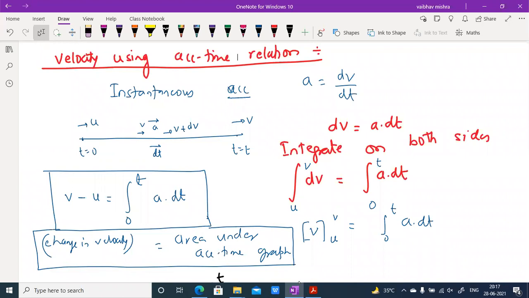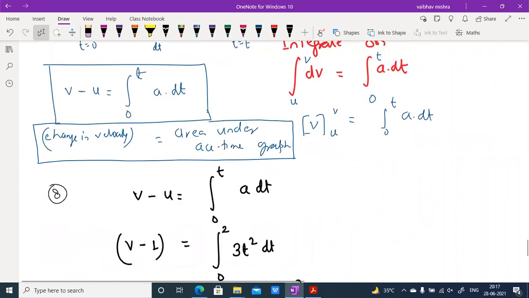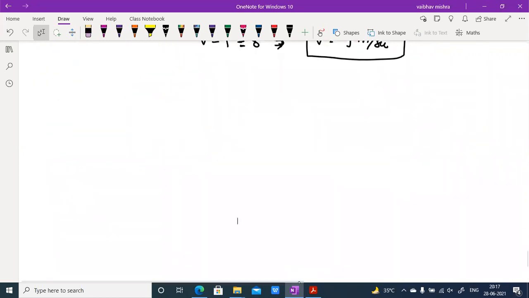Yes, got the answer? Velocity is 9 meter per second.